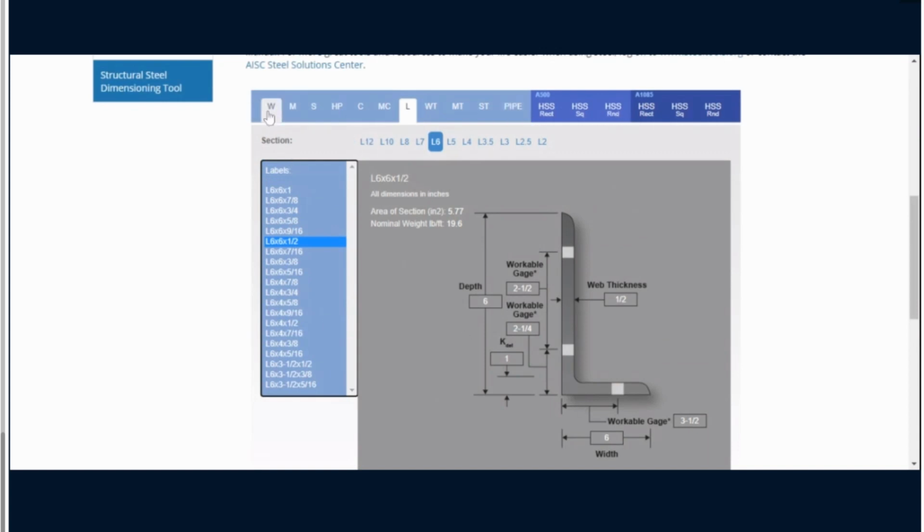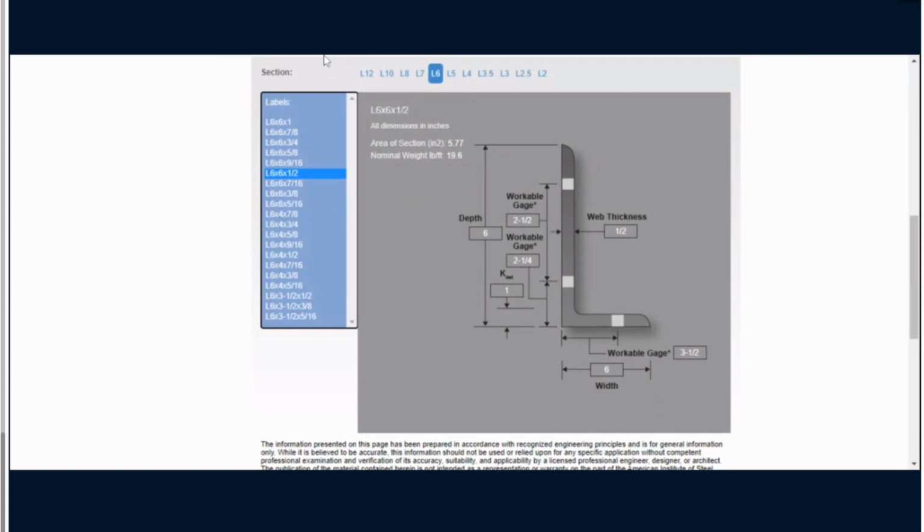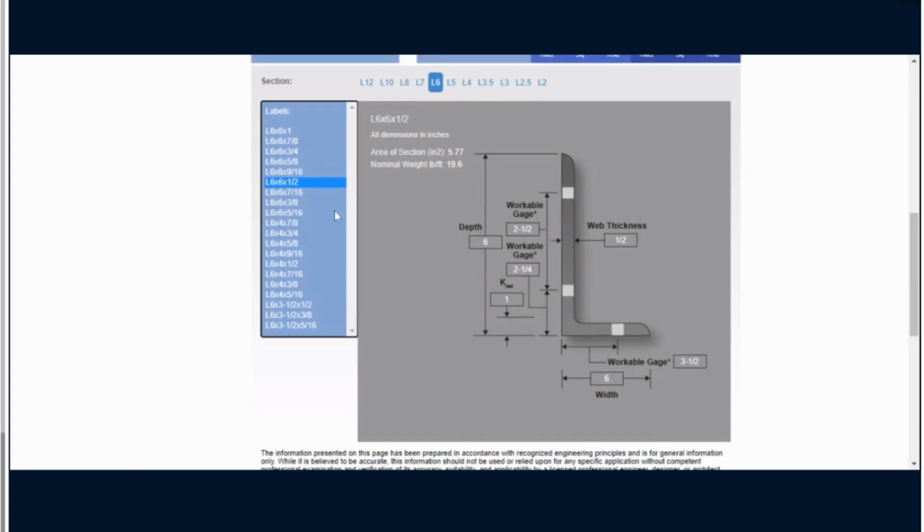So you have all sorts of sections here. You just have to do some clicking in order to produce this. So that's how you use the AISC structural steel dimensioning tool.